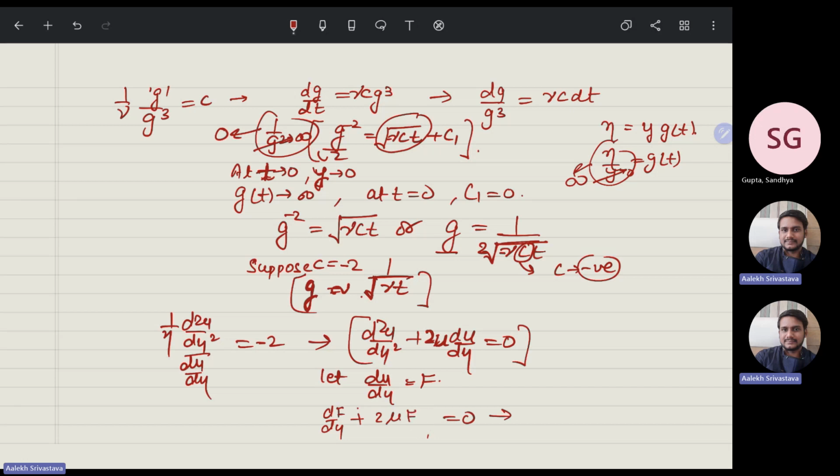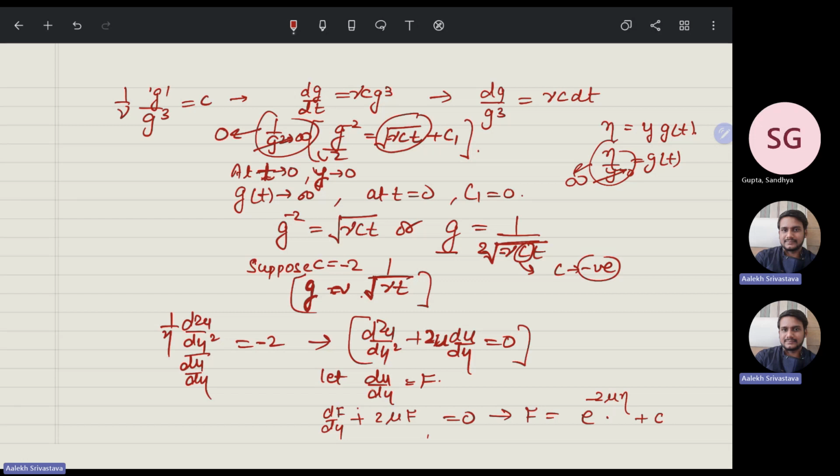If you just integrate, f is equal to e raised to the power minus 2 mu eta plus some constant.